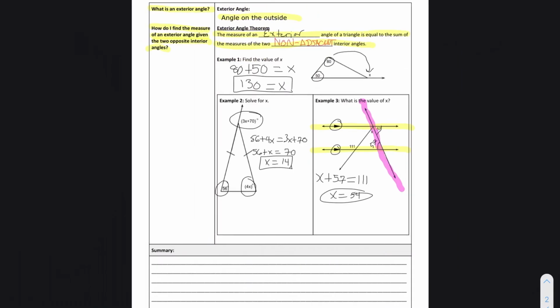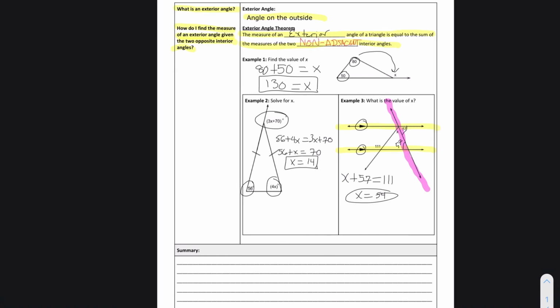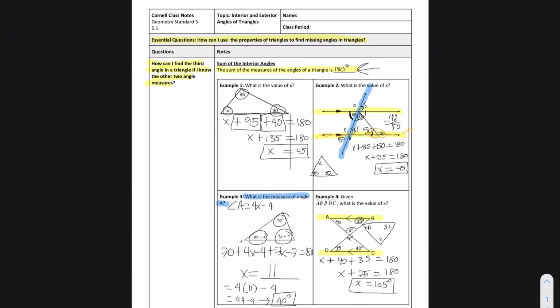And then when you get to exterior, use the exterior angle theorem, which says the measure of the exterior angle of a triangle is equal to the sum of the two non-adjacent interior angles. And if you understand these two things, you know how to answer the essential question: how can I use the properties of triangles to find missing angles inside of triangles?